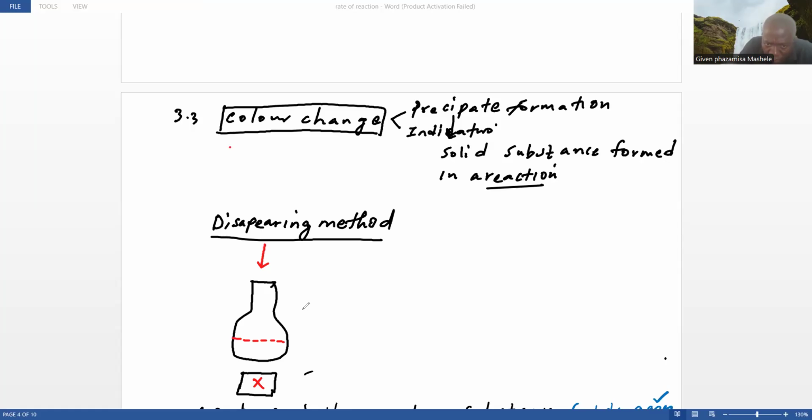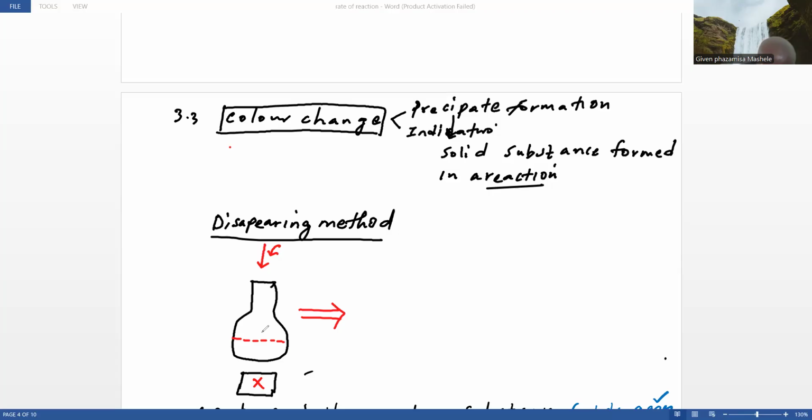But now, as time changes, they will be recording the time. They have to look at how fast or how slow the mark is disappearing in terms of color change. Remember, when you're conducting this, you just observe from above while looking at the mark.